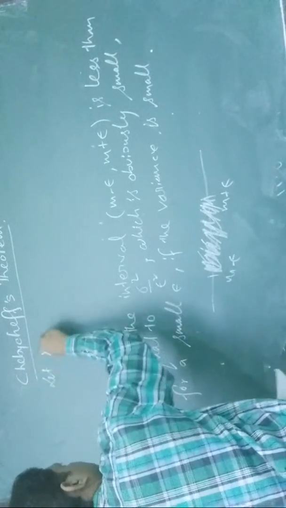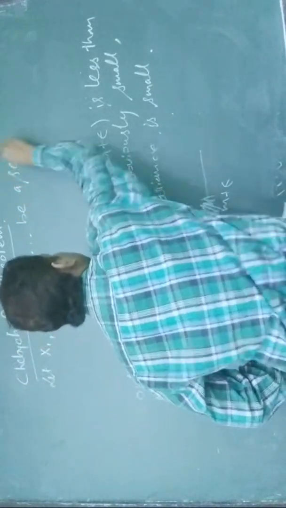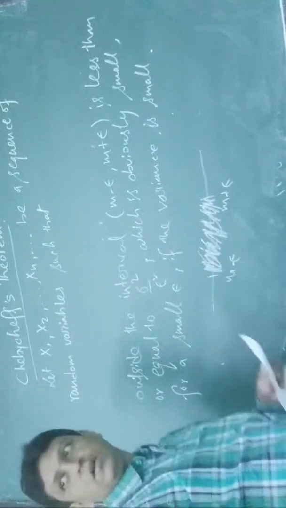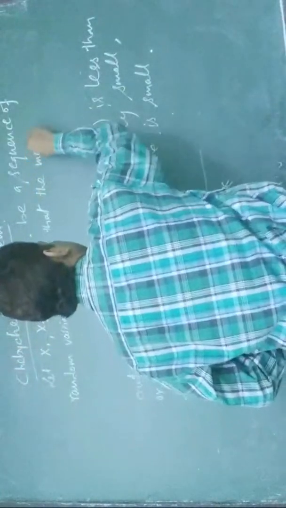Let x1, x2, xn, etc. be a sequence of random variables such that the mean and standard deviation sigma n exist for all n.